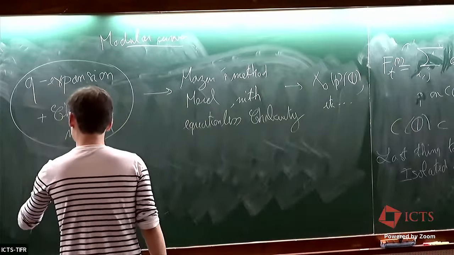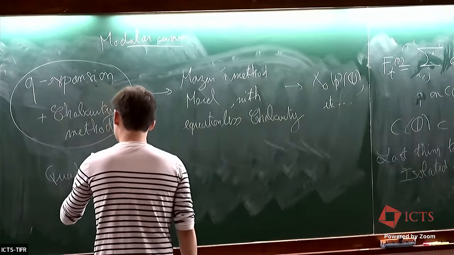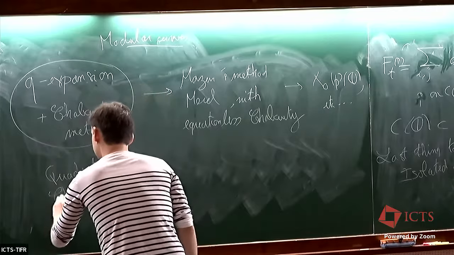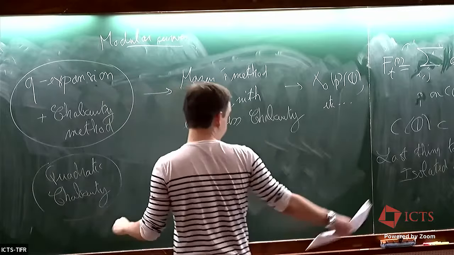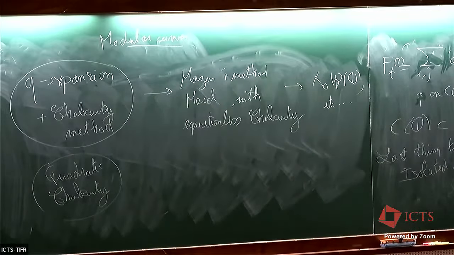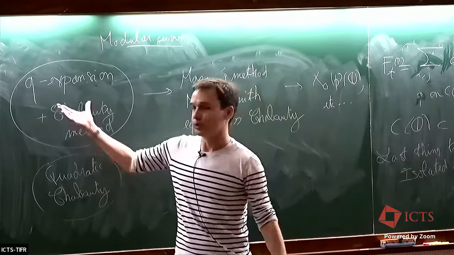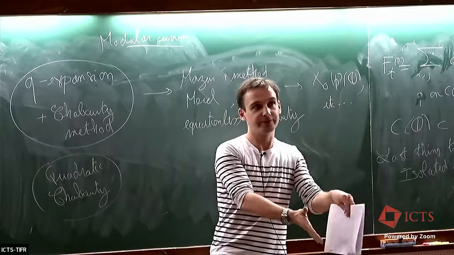Now, as of now, for quadratic Chabauty, we have this method, which we know works in principle and could help us figure out the points if we had equations, but we don't have any sort of interpretation in terms of modular forms themselves.